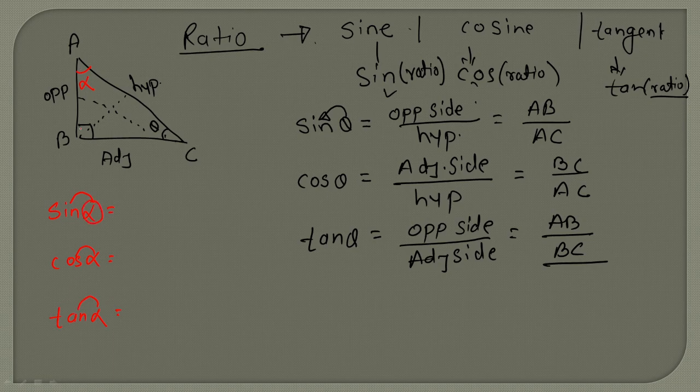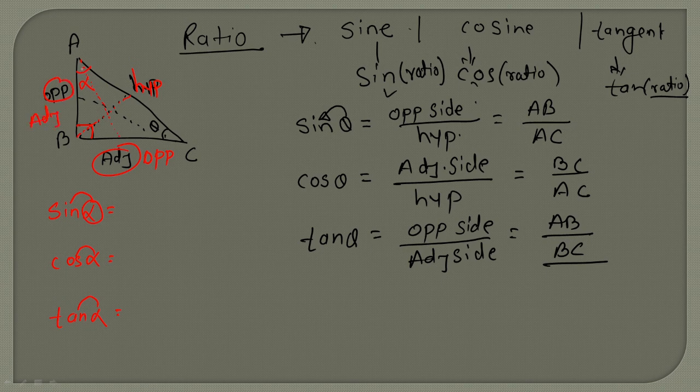For this alpha angle, this is the right angle, so the side opposite to the right angle is the hypotenuse. For this alpha angle, the side that was adjacent before will be your opposite side, and the opposite side will be your adjacent side, right?